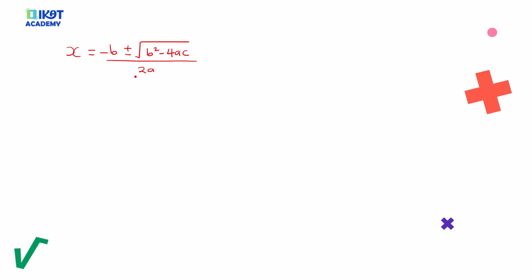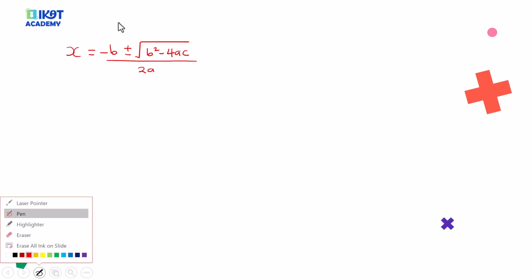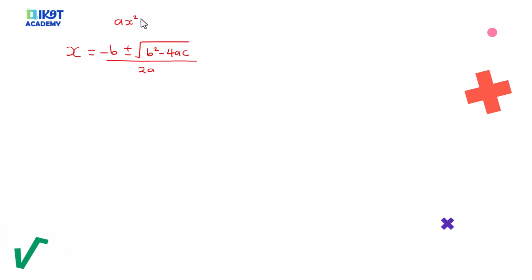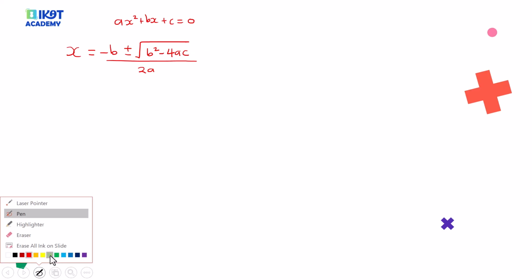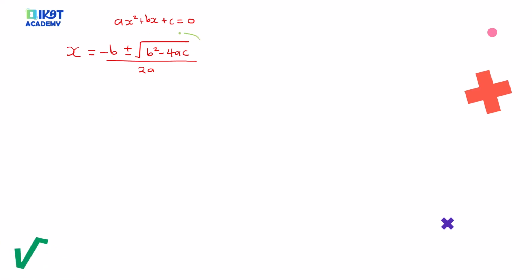Now this works for any quadratic equation in the form of x squared plus bx plus c is equals to 0. When you look at this expression, you're going to realize, and I'm going to explain why, that this is what determines the nature of our answer.